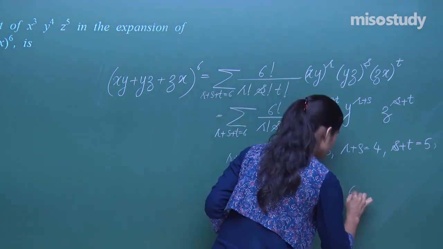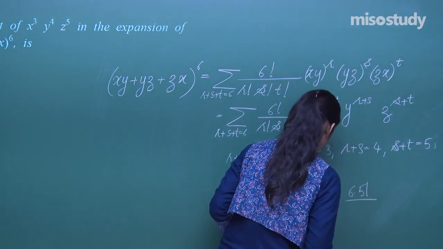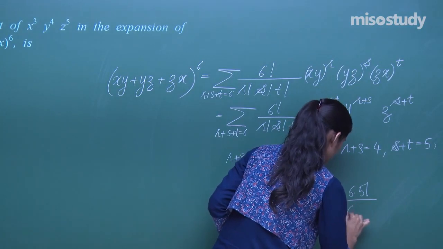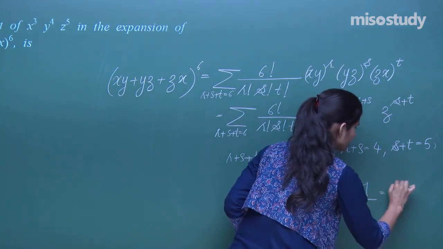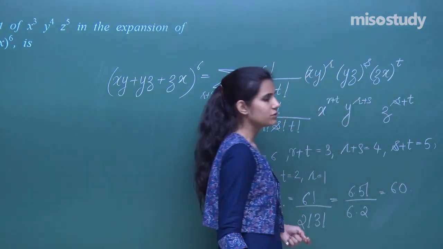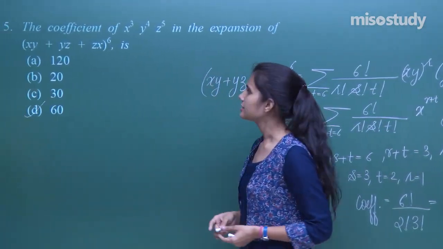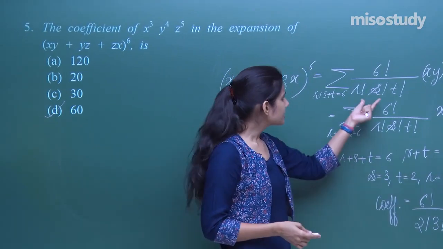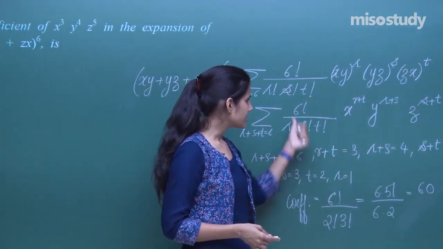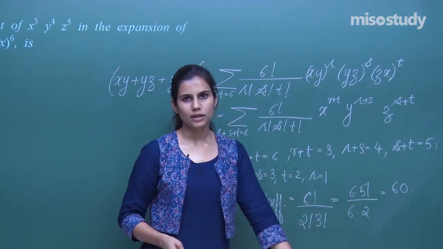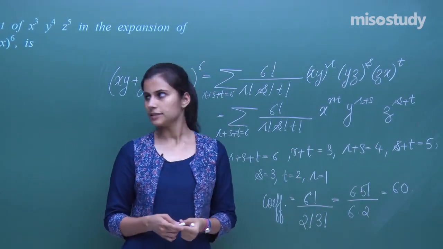Eventually it becomes 6 into 5 factorial upon 6 into 2, which gives you 120 by 2, that is 60, and so your answer is that the coefficient is 60. So basically you get 60 x cube y to the power 4 z to the power 5, so the coefficient of this is 60.